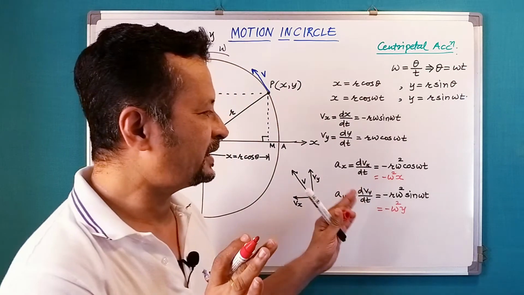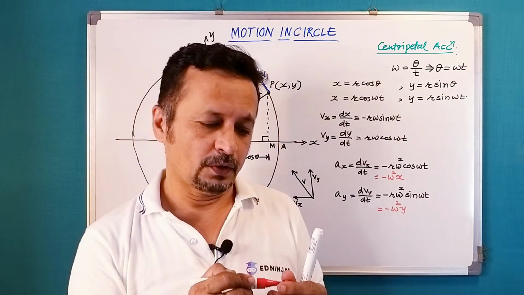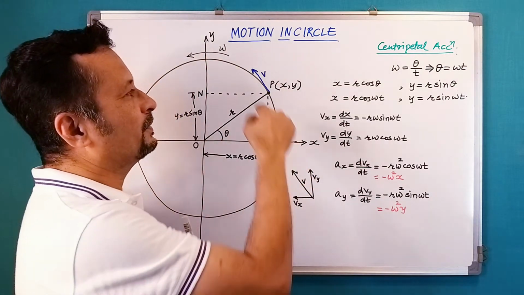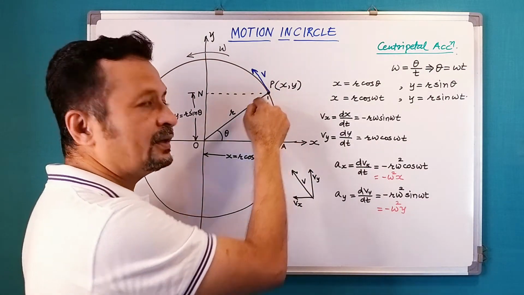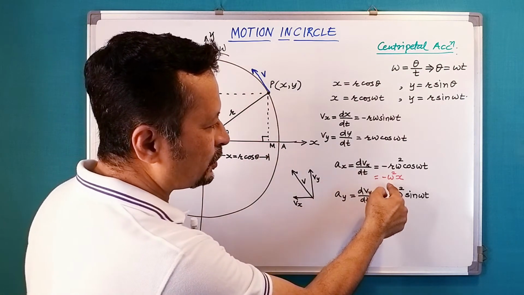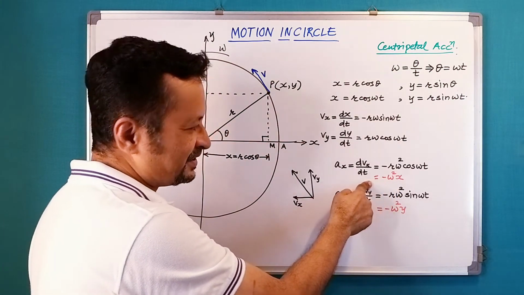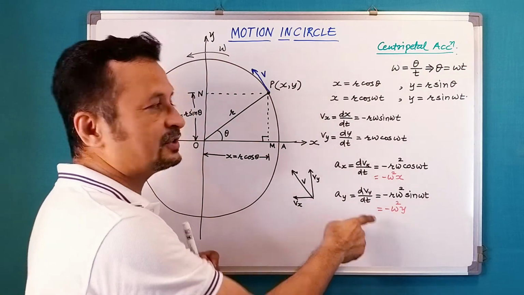Minus omega square x and minus omega square y. So when this particle is over here, it has got x component of acceleration, it's negative, and y component of acceleration is also negative.